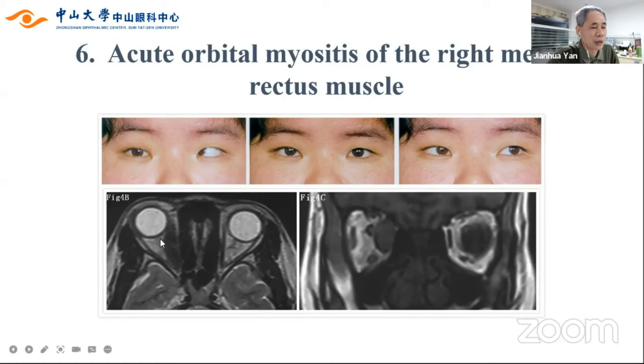The enlarged medial rectus muscle causes the palsy of the medial rectus and the restrictive force of the abduction of the right side. So she has both abduction and adduction deficit of the right eye. It is an acute orbital myositis of the right medial rectus muscle.